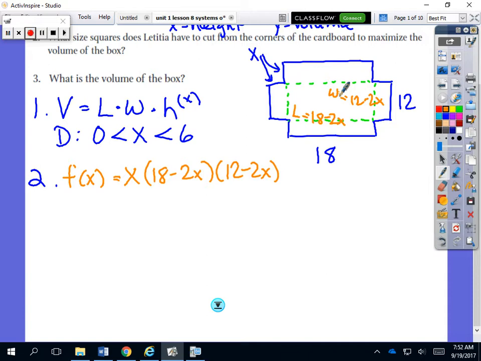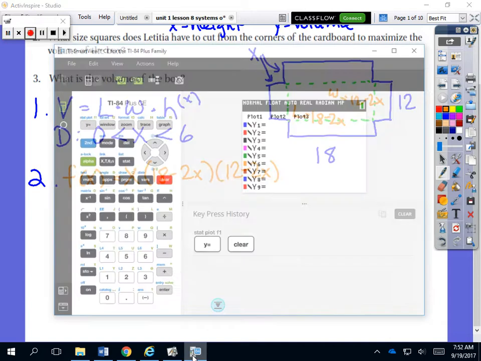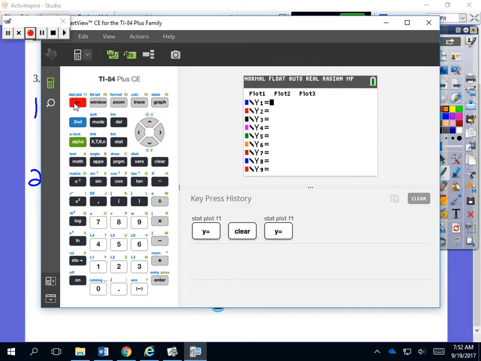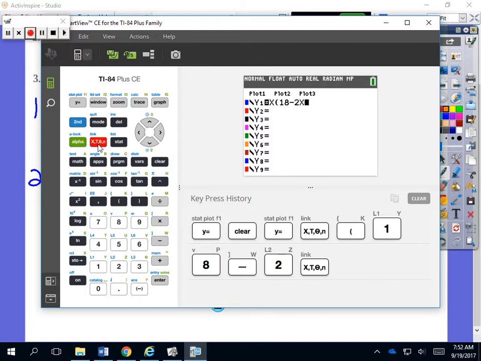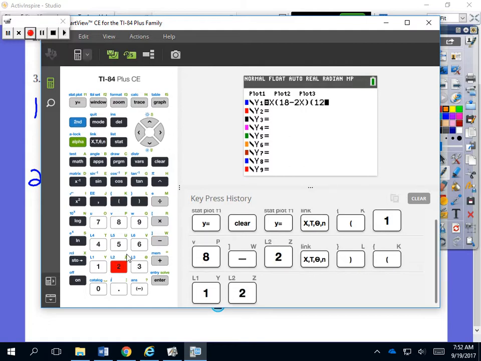On your calculator, you're going to enter that function in the y equals menu. Make sure all your stat plots are off. So you've got x times 18 minus 2x times 12 minus 2x.